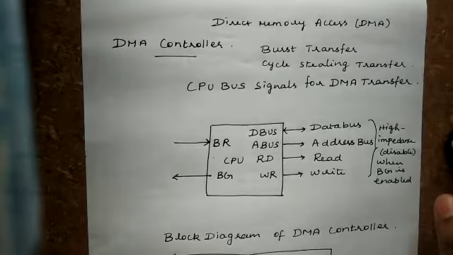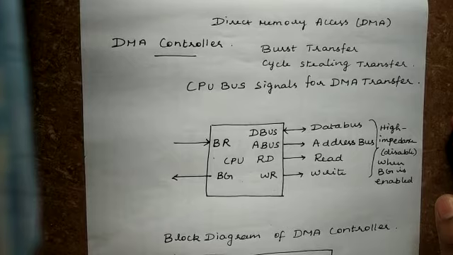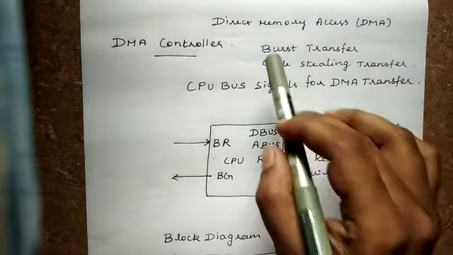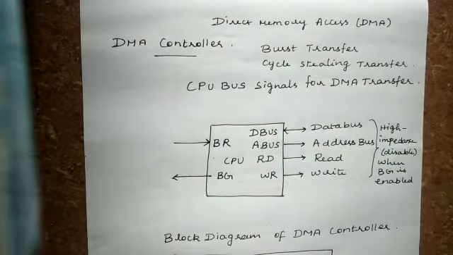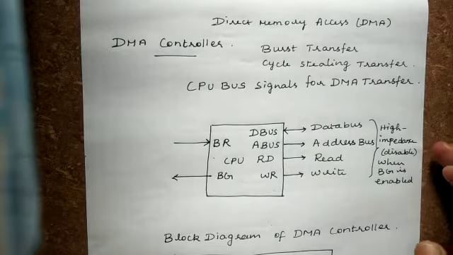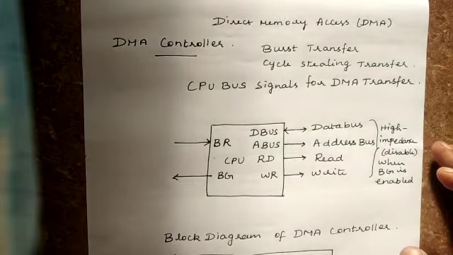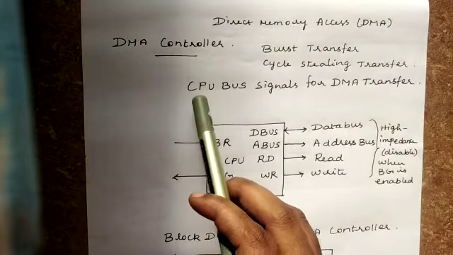In order to reduce the extra time acquired by the CPU, and to increase the transfer speed, we go to direct memory access, that is DMA. Directly we perform the transfer operation between the memory and the peripheral devices without the help of the CPU.